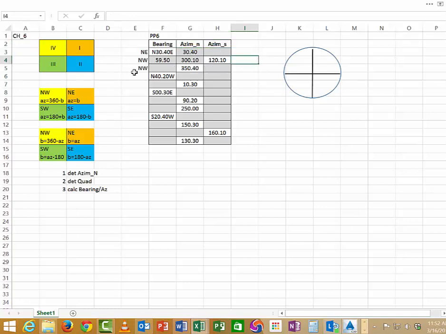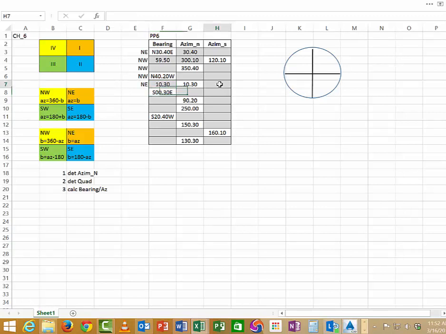Let's make a run through that. Obviously, this is the northwest quadrant. This one would be a north azimuth, which is given. It's going to be just right up in here somewhere. So that's an easy one. It's going to be in the northeast, and it'll be 10.3.